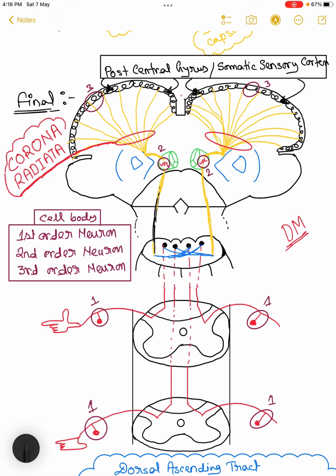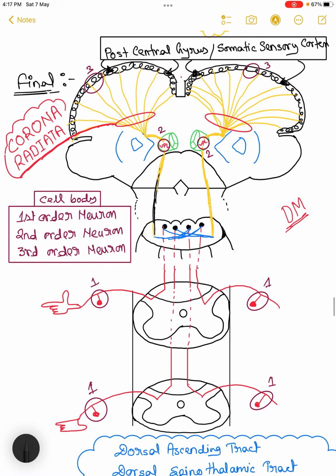So it will definitely end up in some cortex which is responsible for recognizing our sensory information. That region is known as our post-central gyrus, also known as the somatic sensory cortex, right? And this fanned out like structure has a special name, and this name is corona radiata.